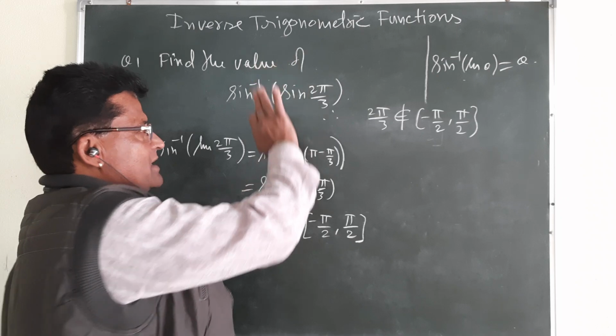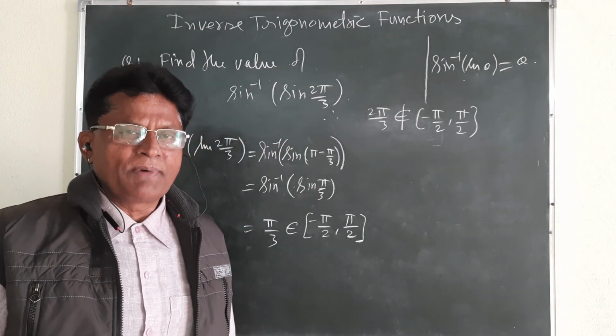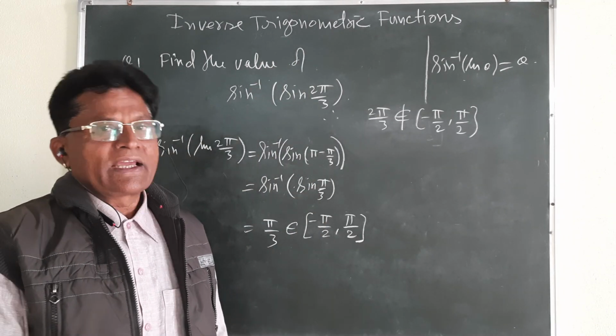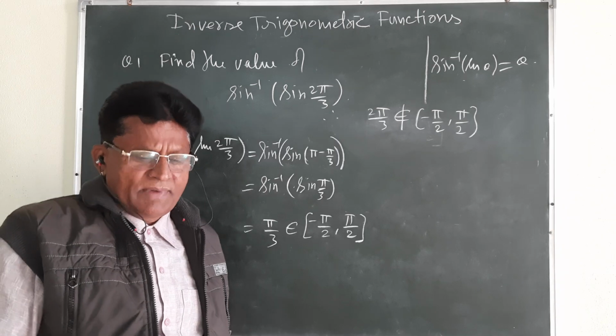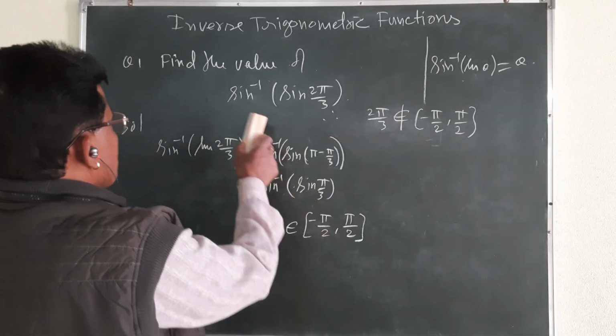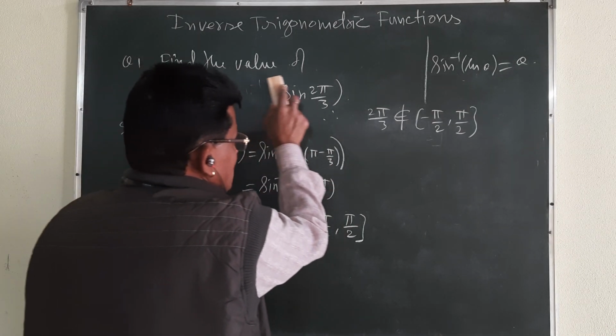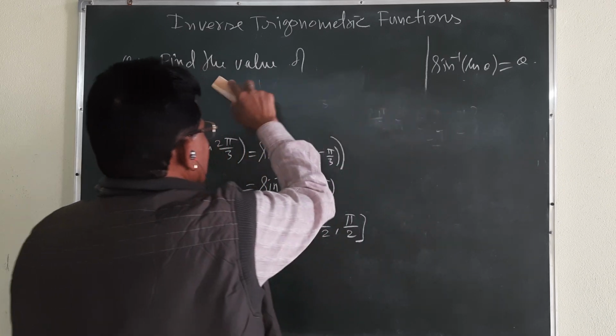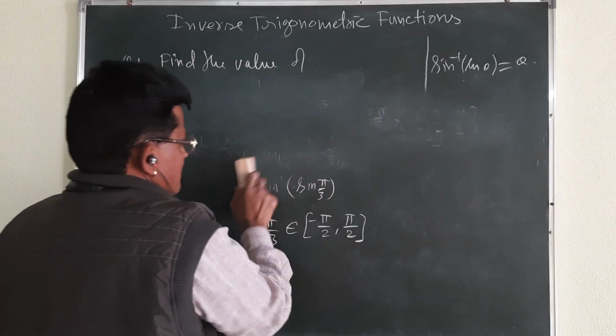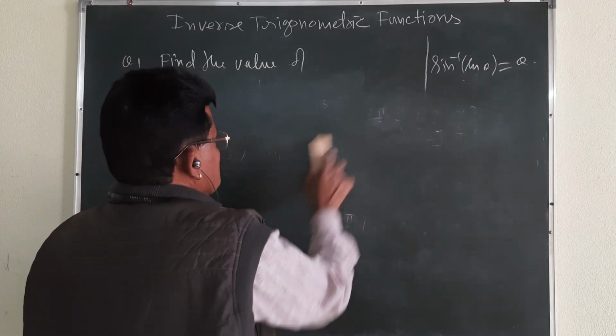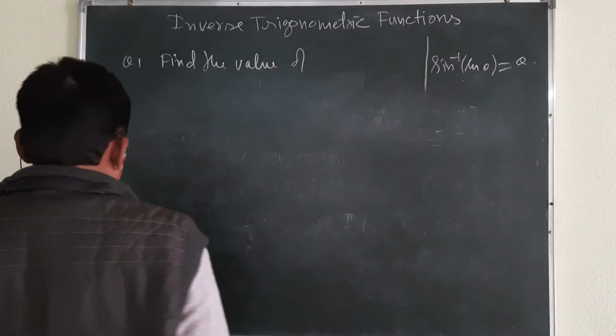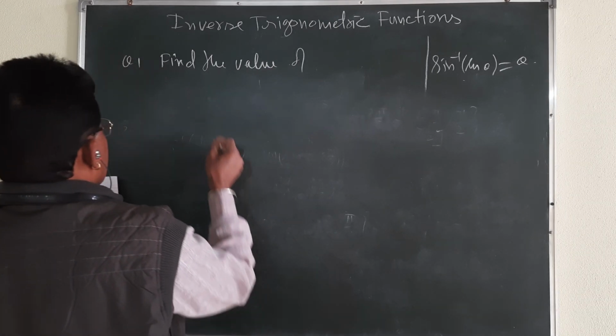First of all, identify whether it lies in the principal value branch or not. Okay, let me take some more questions. Similar kind of question. Let me discuss another question. I think you understand this simple question because today I am going to discuss a number of questions.